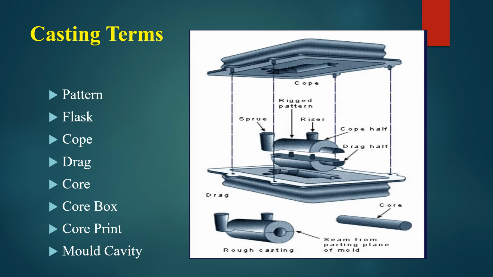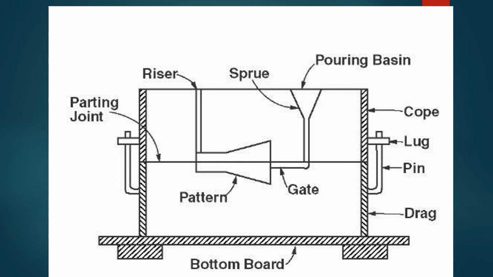Here are the casting terms that are basically used in the casting processes: pattern, flask, cope, drag, core box, core print and mold cavity. This flow diagram shows all the different components used in casting. First of all, the pouring basin. Here the molten metal is poured, then it goes through the sprue and comes in front of the gate.